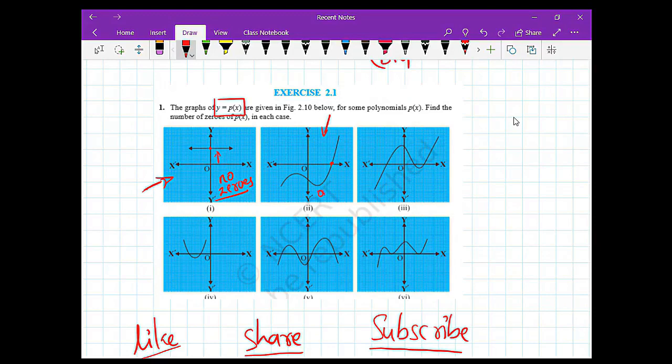Yes, it means only one zero is there. Yes, see in the third graph, this curve is intersecting the x-axis. This is the first x coordinate, second x coordinate, here it is the third x coordinate, which means three zeros are there. Okay.